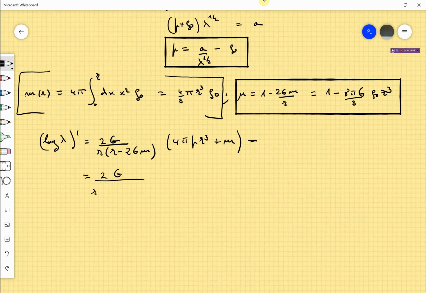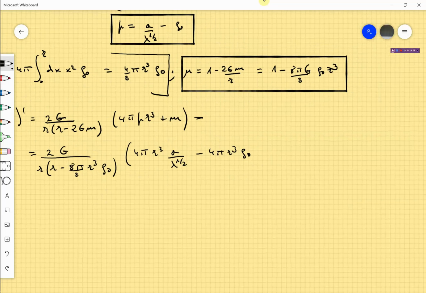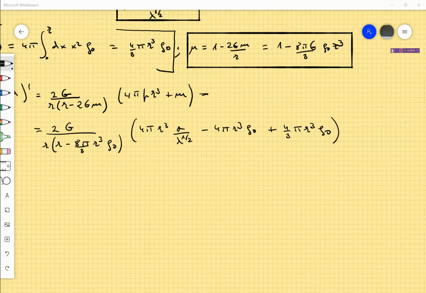2g over r minus, now 2gm is 8 pi g divided by 3 r cubed rho 0, and this is 4 pi r cubed a divided by lambda 1/2 minus 4 pi r cubed rho 0 plus m, which we said is 4/3 pi r cubed rho 0.